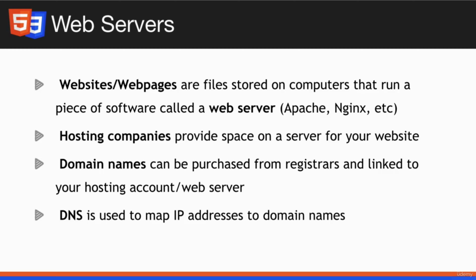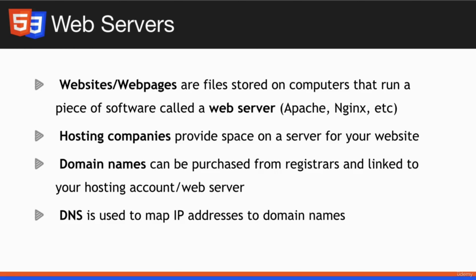And this makes our lives much easier. Otherwise, you'd probably have a notebook with hundreds of numbers for each website that you want to visit. So later on, I'm actually going to show you how to register a domain name and how to upload a website to a web hosting account.